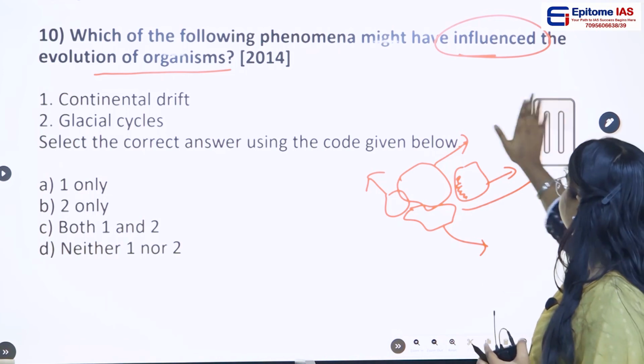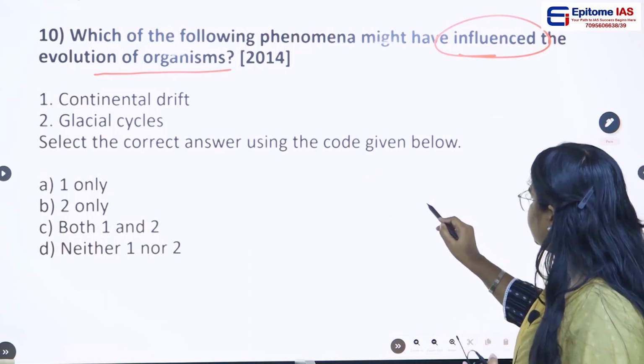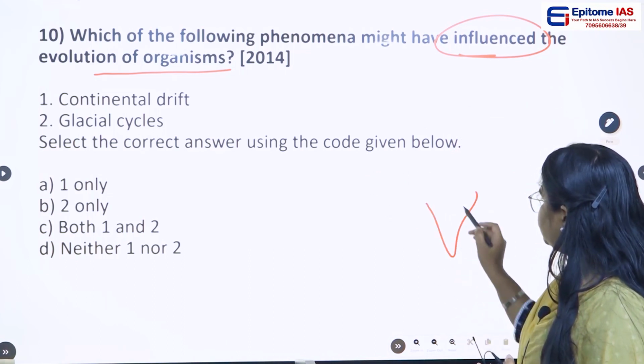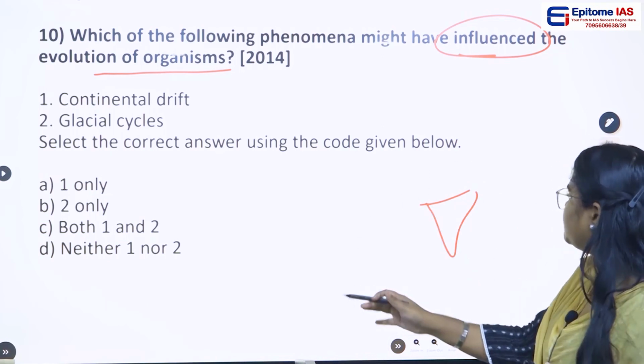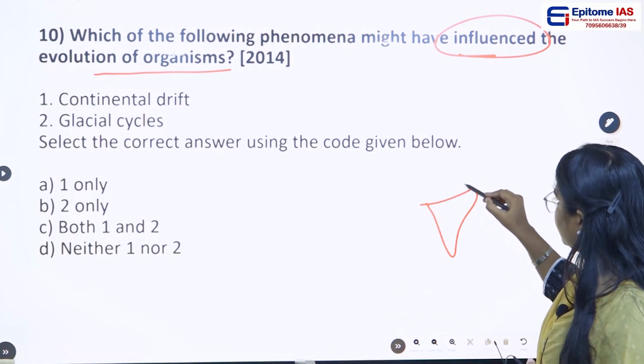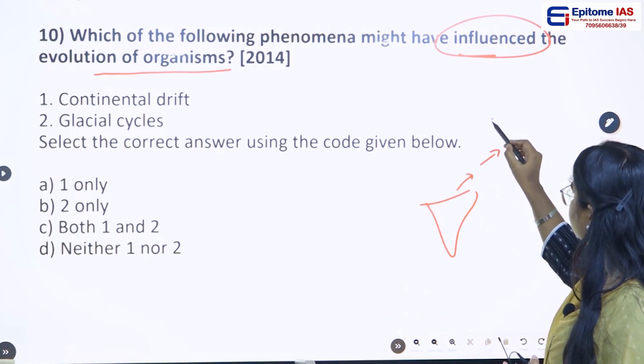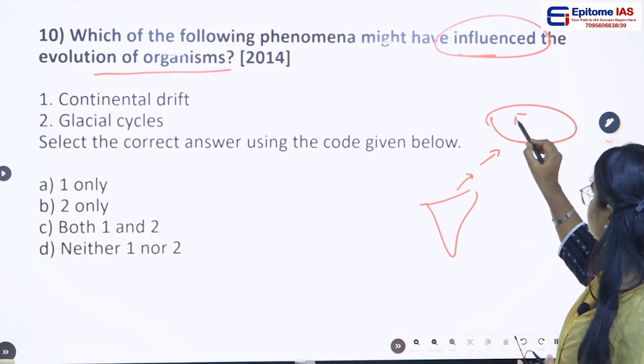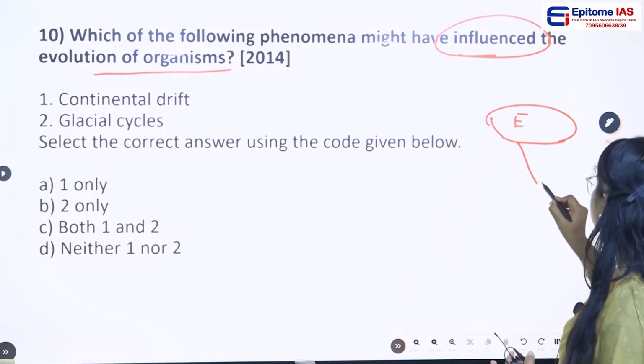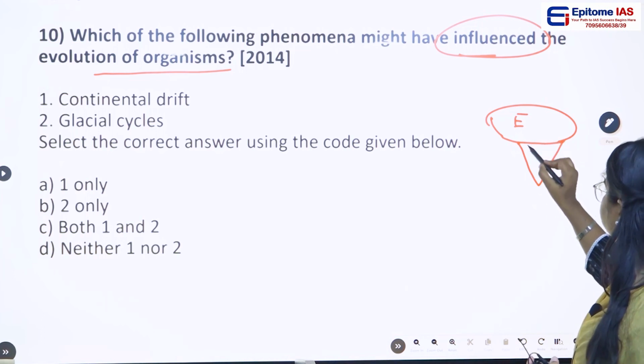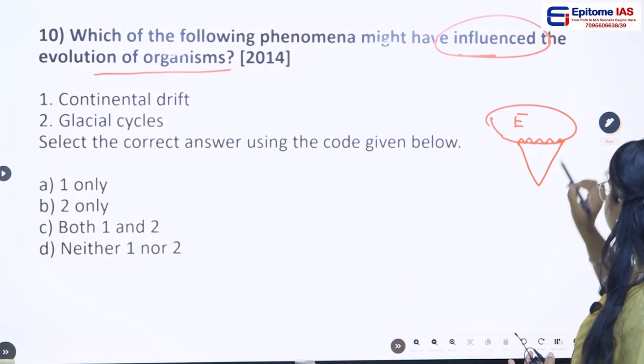For example, we have this Indian subcontinent. Initially it was part of some other plate and it broke and traveled north and collided with the Eurasian plate. So when it collided with the Eurasian plate, the Himalaya was formed.